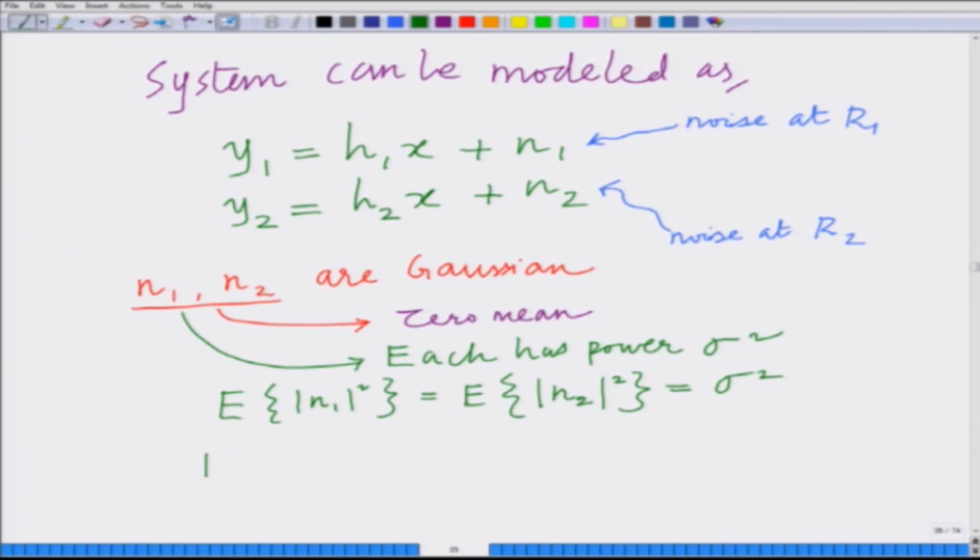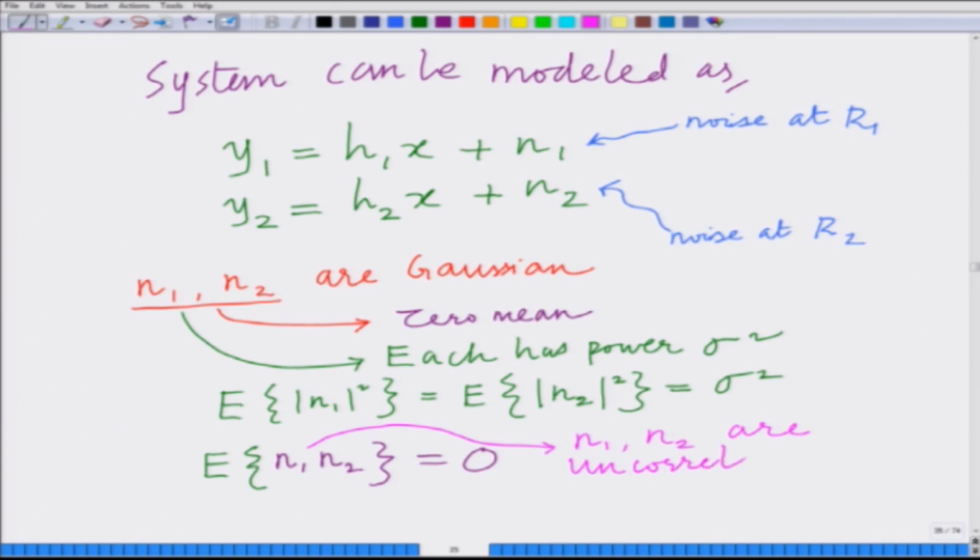That is, the expected value of N1 times N2 equals 0, which implies that N1 and N2 are uncorrelated, and since they are Gaussian, uncorrelated means independent.